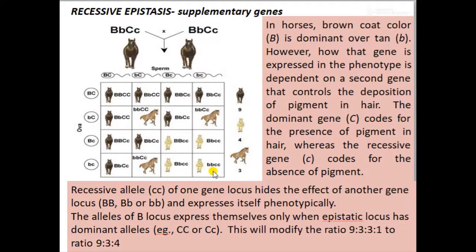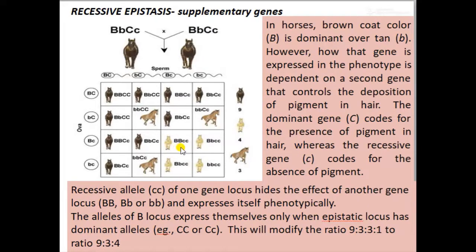So in this particular example, you can see that where dominant B is expressed, in all the cases where the dark brown is found, there is always a capital letter B. In some cases you can see a capital letter B is there, but instead of having a dark brown, it is having a tan one.